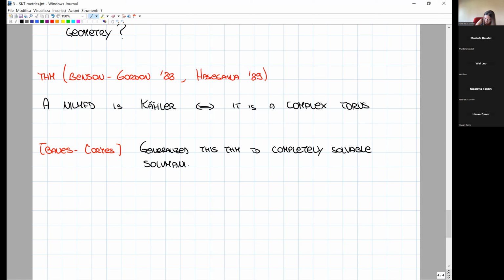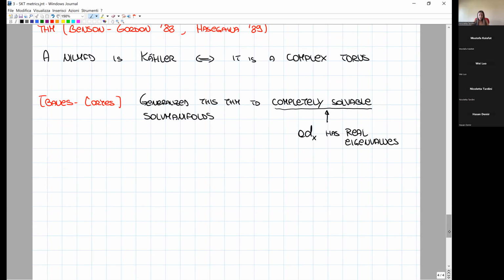Okay, so you see this theorem is true for nil manifolds, but in fact they generalized this theorem to a special class of solv manifolds that are called completely solvable. So this means that the adjoint map has only real eigenvalues. Okay. So the same theorem holds in this case, actually.